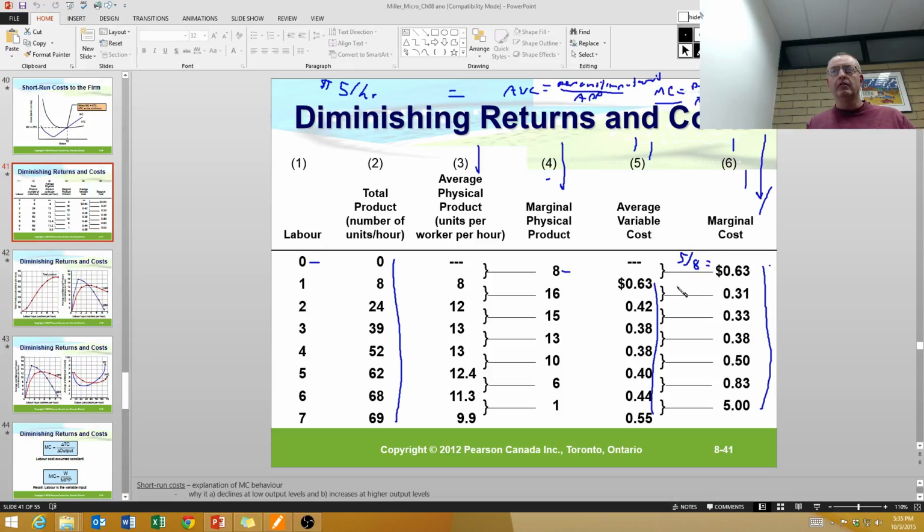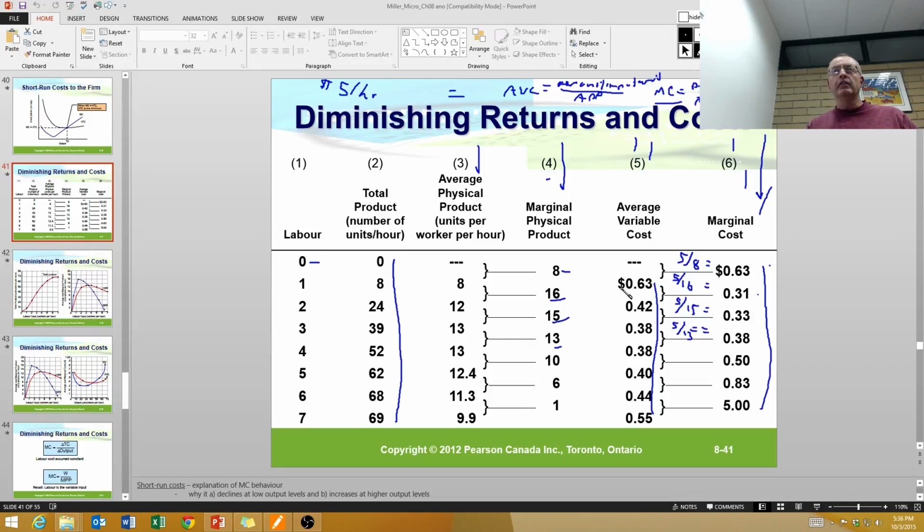There might be some rounding. Okay, and then how do we get the figure of 0.31? It's $5 divided by the marginal physical product figure of 16. That gives us 0.31. For the next one, it's $5 divided by marginal physical product of 15. That gives us 0.33. Next one is 5 divided by 13, gives us 0.38, and so on.